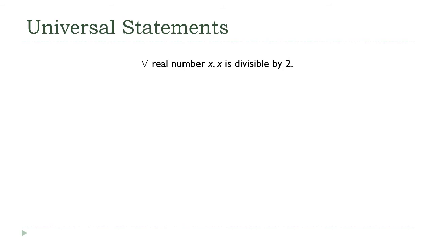So notice what I did here. All I did was replace even number with real number. In other words, I made a change to the domain but kept the predicate the same. So now think about what that did to the truth value of the statement. 3 is a real number, that is, it's in the domain. However, 3 is not divisible by 2.